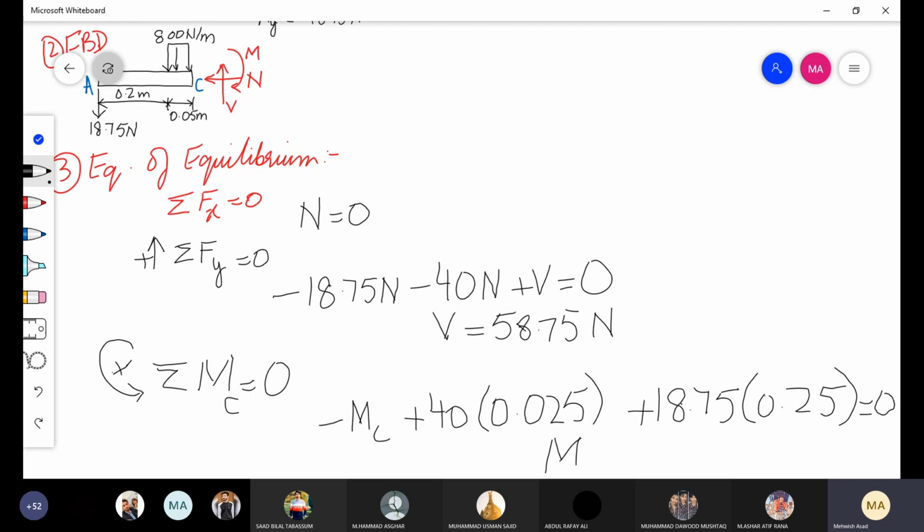So MC will be calculated and it is equal to 5.69 Newton meter.